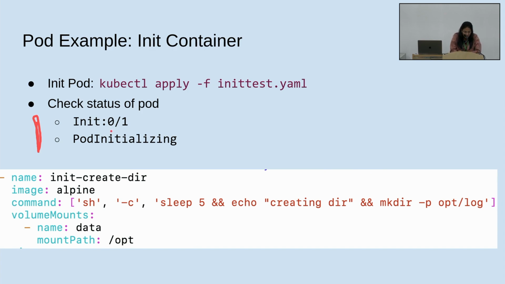The 0/1 implies the init container is still checking. Once it becomes 1/1, that means that init has completed its process, it's up and good, and it's trying to initialize the pod. So the first state you will see is the init 0/1, and once it becomes 1/1, you will see the pod initialization for the Nginx container.